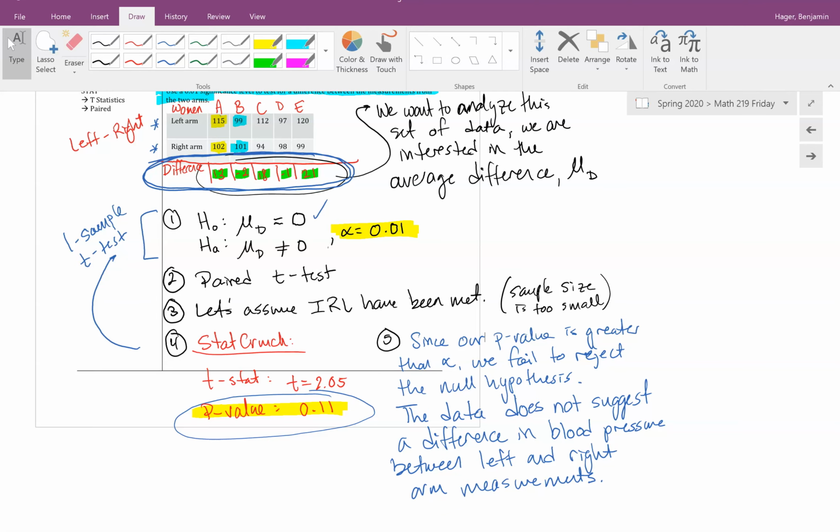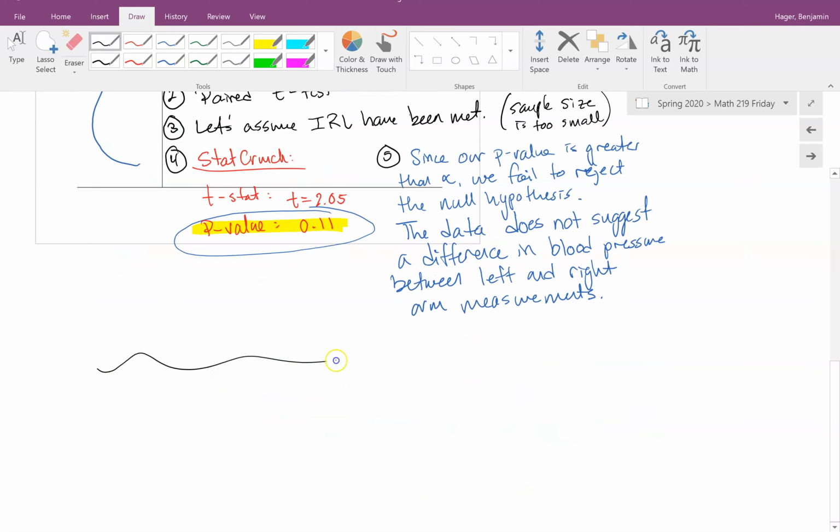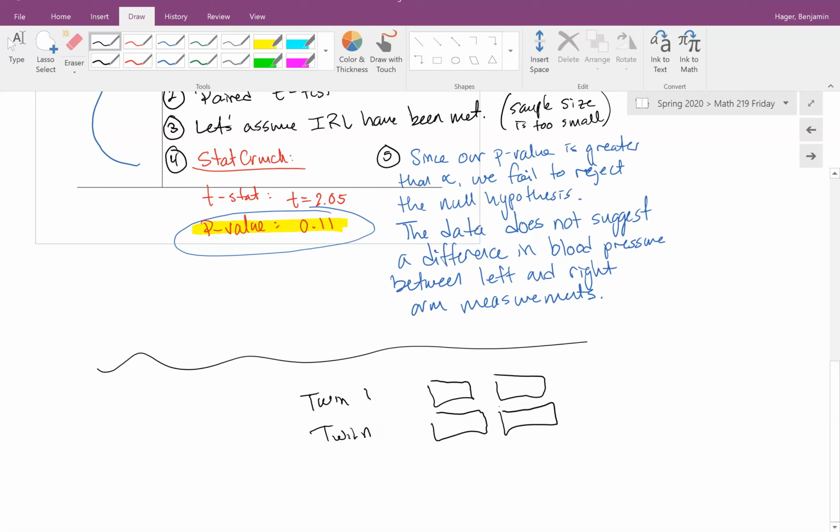If you're going to look at the IQ difference between twins, you would look at twin number one, what was their score minus their brother's score, and then the second pair of twins, what was their score minus their sister's score or whatever. It wouldn't make sense to compare this twin to some other twin they have no relationship to. That's not showing a difference in IQ between twins, or it's not allowing us to analyze that. So sometimes the data just makes sense to be paired. You just have to keep your eyes peeled for when that seems appropriate.